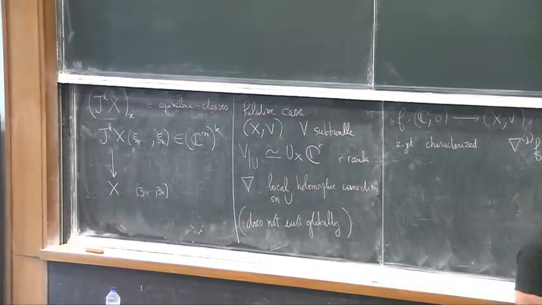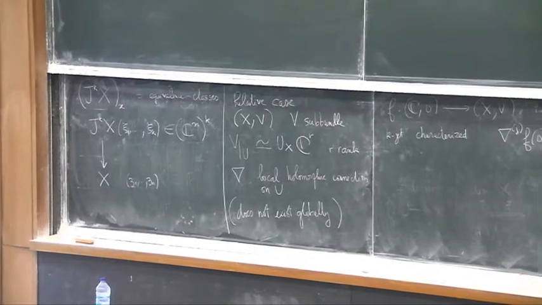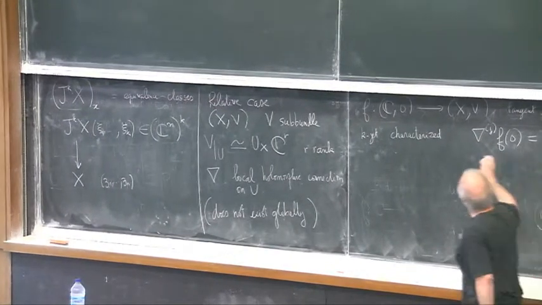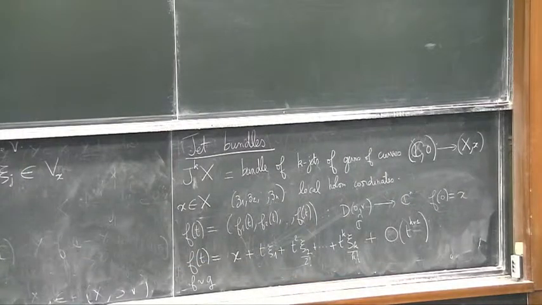It's not completely trivial. And then by the choice of a connection, you identify, so I will denote by J^k(V), the bundle of k-jets of curves tangent to V.